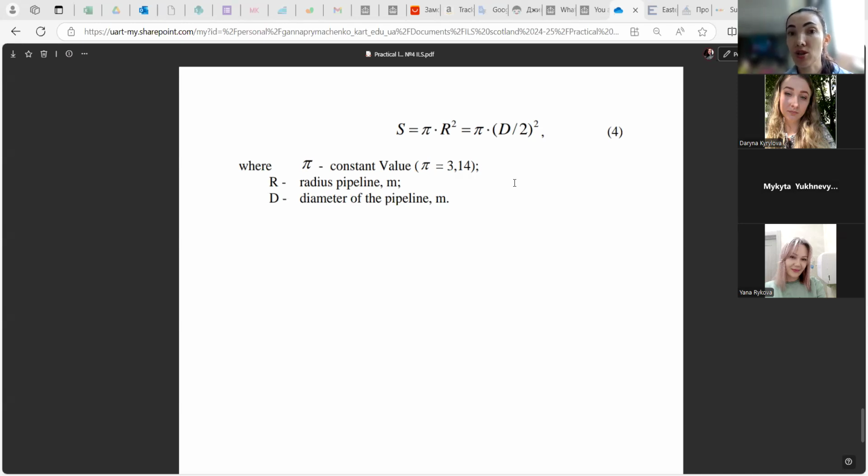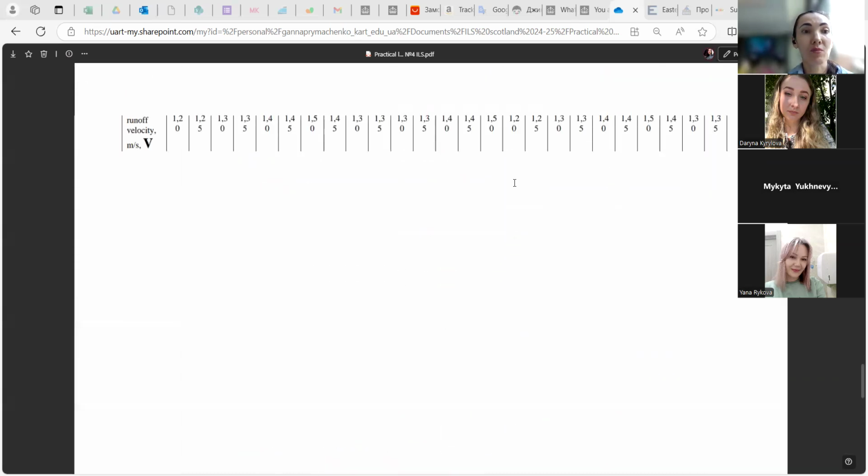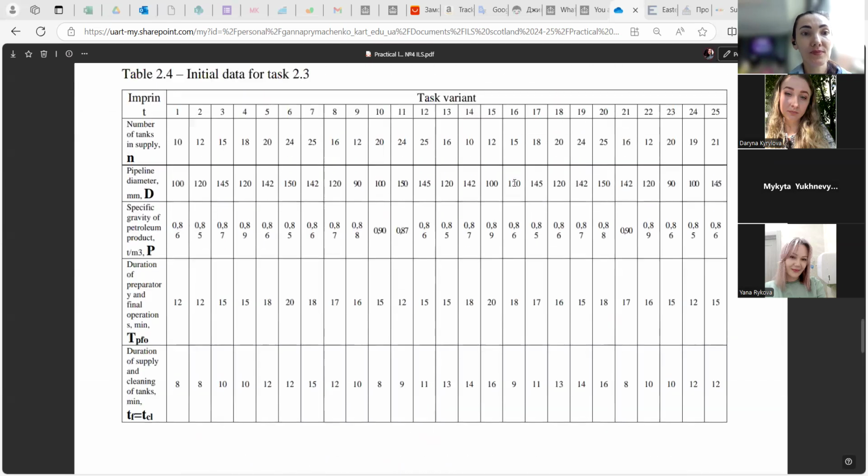We can find it in our table by our variant, and please look at it for your variant, which is diameter, such parameter as g. So in our table 2.4 we can find this. I write every letter which we find.